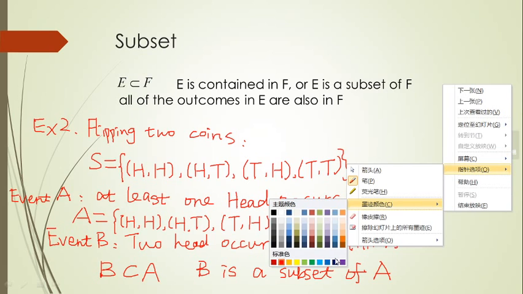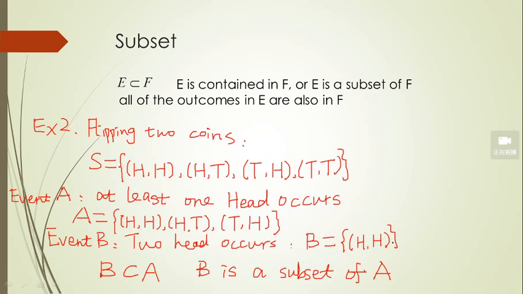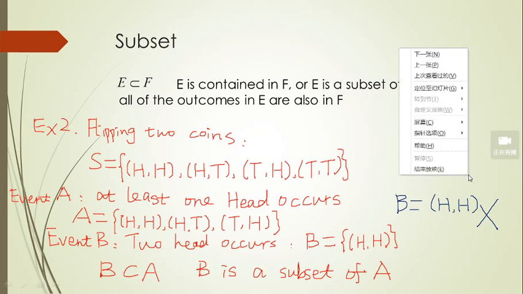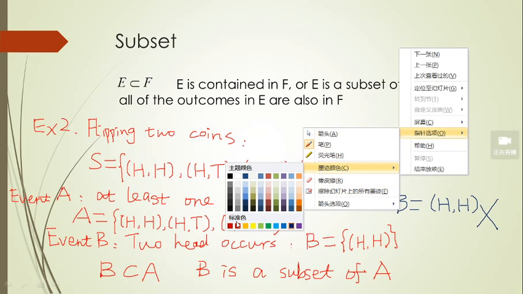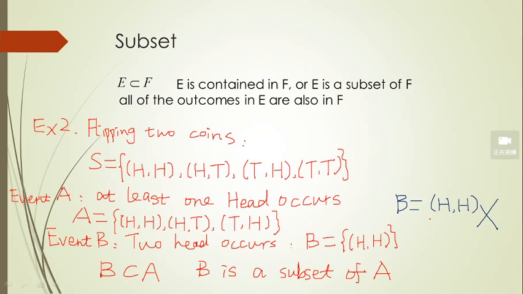If you write event B is HH, this is not really formal notation. If you only put the outcome in parentheses, that means the outcome. This one means you denote by event.